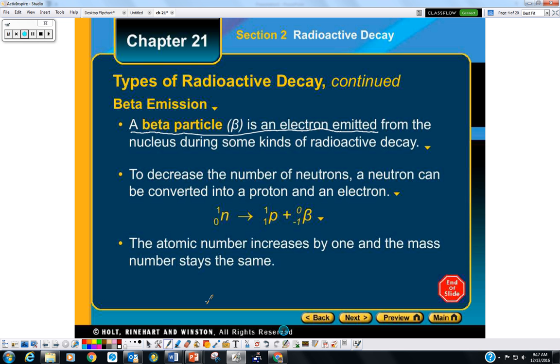So as it emits that electron, thorium now becomes protactinium, and it changes into a different element.